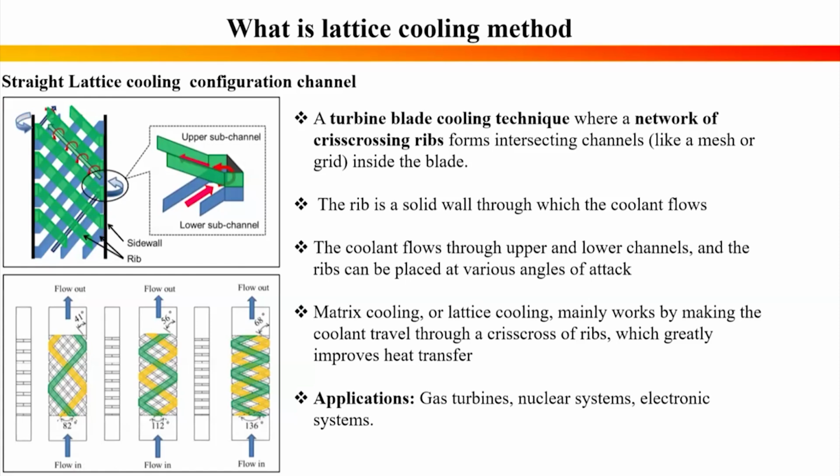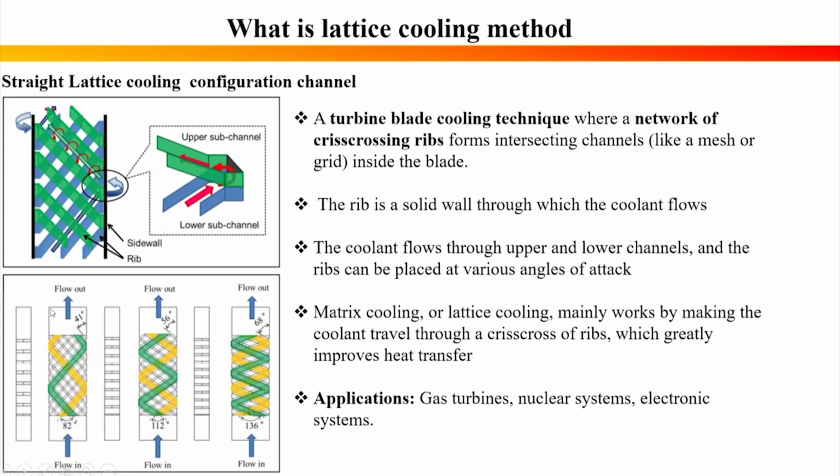The application domain is in gas turbines, nuclear systems, or electronics, and here you can see there is a crisscross system arranged in a way so that the coolant can flow upwards and downwards. Here you can see there are two streams. This black border you can call the sidewall, and the upper sub channel and lower sub channel make a way through which the coolant flows, and with the combination of these two channels a rib is formed.